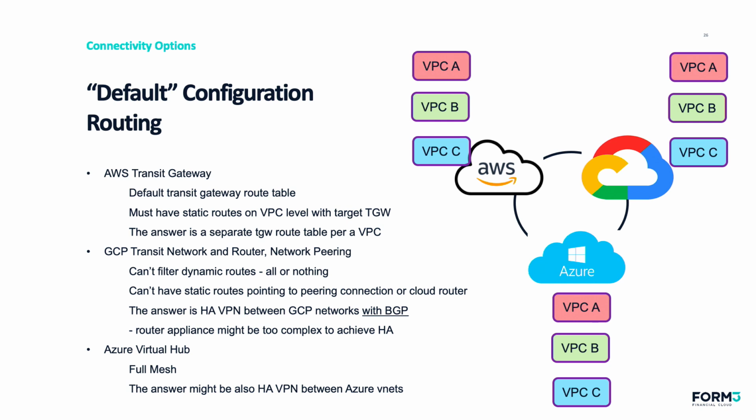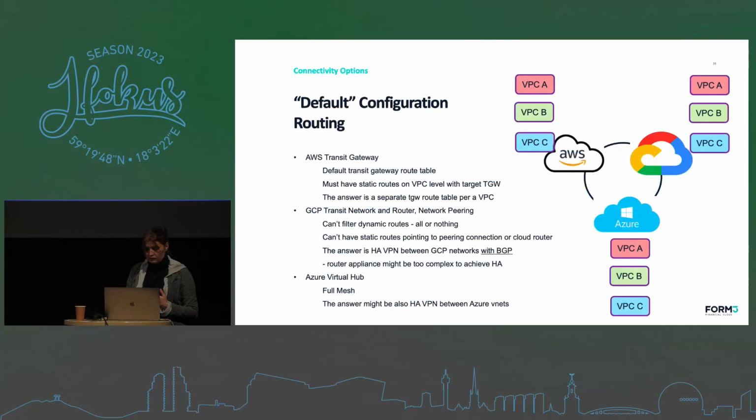In terms of GCP and routing, that's more complex and harder to achieve because GCP can't filter dynamic routes. You have all routes or nothing available. You can't have static routes pointing to peering connection or cloud router.